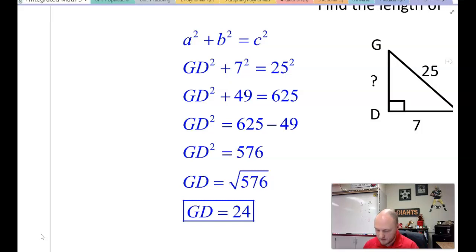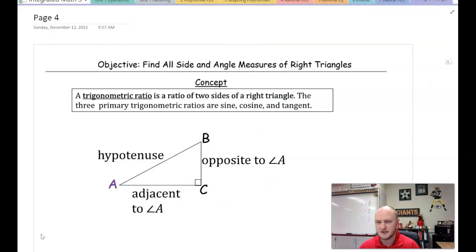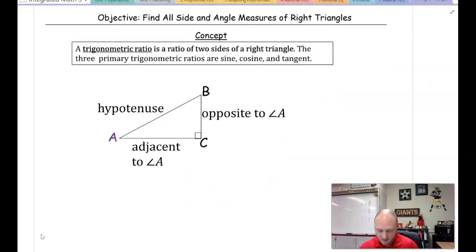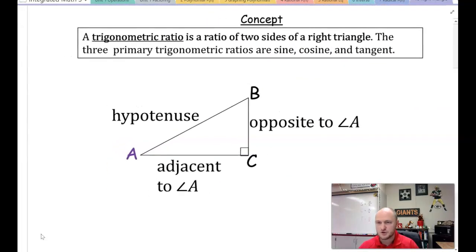We'll work more with the Pythagorean Theorem in this lesson, but I want to start out by reminding you of the trigonometric ratios, sine, cosine, and tangent. A trig ratio is a ratio of two sides of a right triangle. The three primary ratios are sine. Can you say sine?